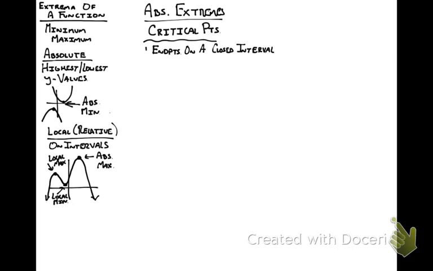So the critical points are the endpoints, and they're also where the derivative equals 0. Anytime we're looking for extremes, for minimums and maximums, we must always look at the endpoints and where the derivative equals 0. Those are the things that matter.